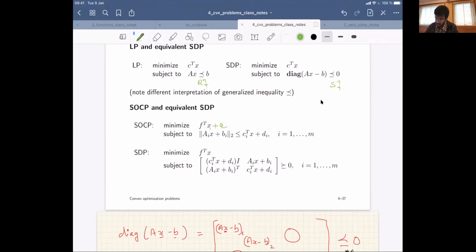For example, if x star is the optimum point, it will be the same even if you add a constant. But to get the optimum value, you have to add this constant. If this was your problem, you find x star as the optimum point and f star as the optimum value. But for this new problem, the optimum value will be f star plus q.